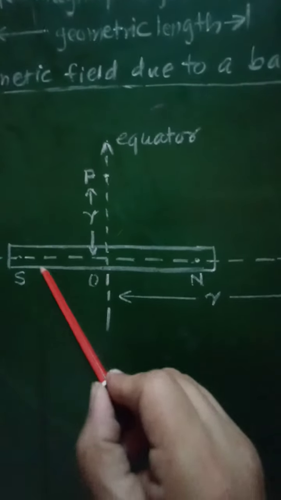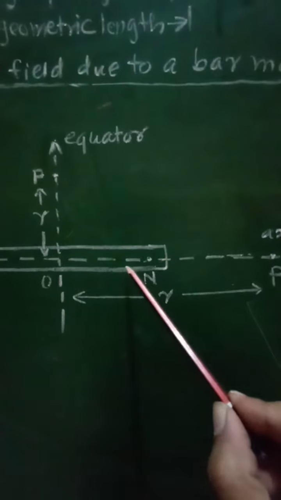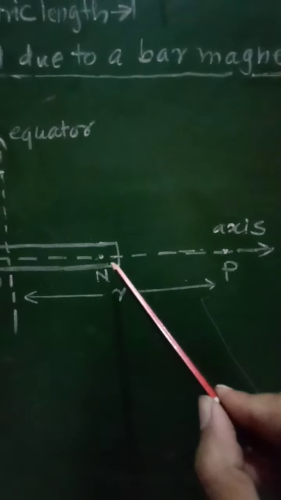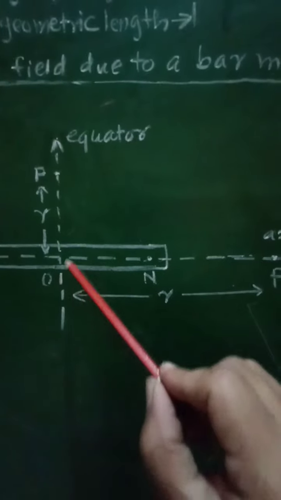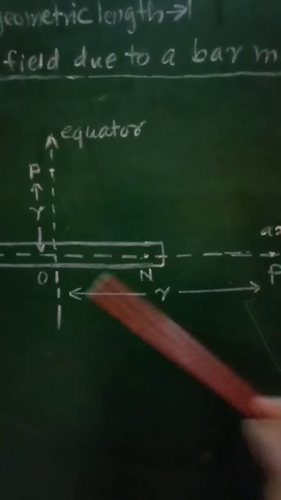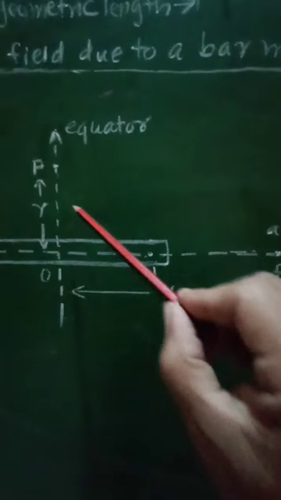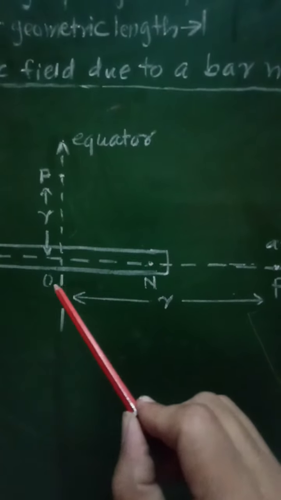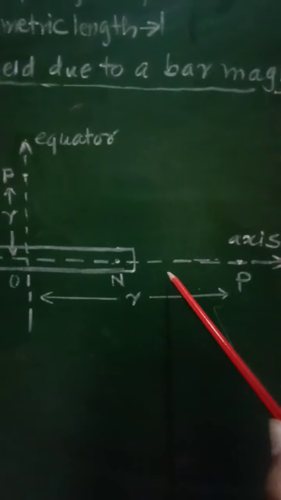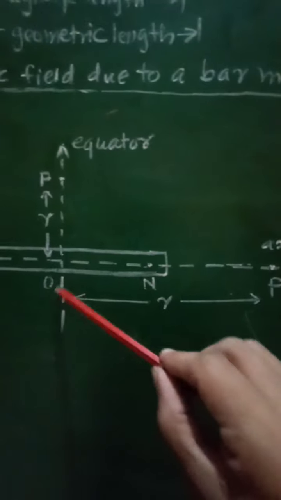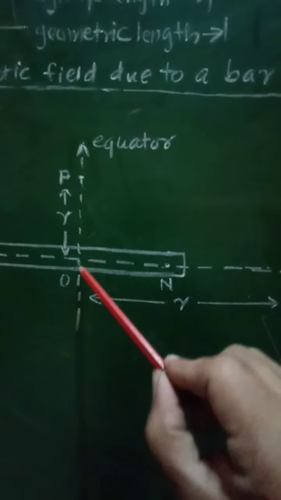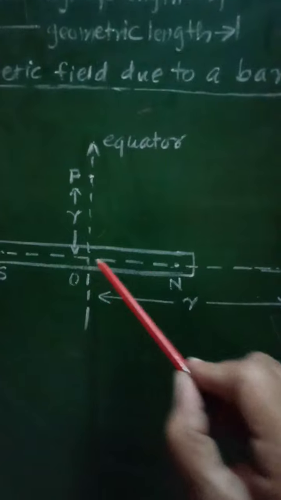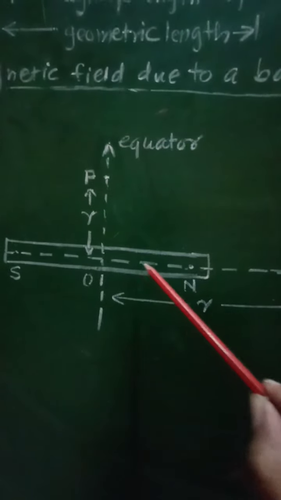Now this horizontal line which passes through the two poles of the magnet is the axis of the magnet, and the vertical line which is perpendicular to the axis and passing through the center of the magnet is the equator. Now we can find the magnetic field at any point along the axis of the bar magnet as well as along the equator. But you will simply have to remember their formulae directly without any proof.